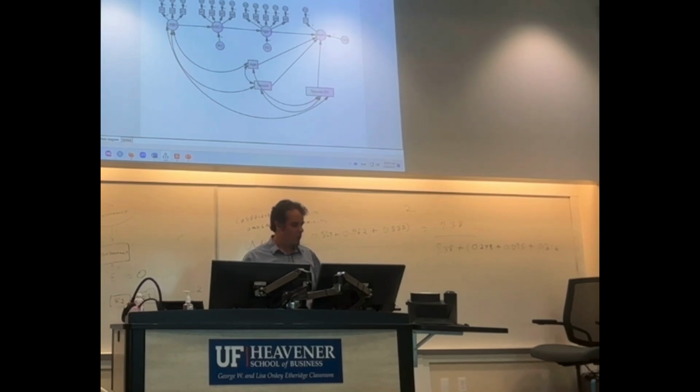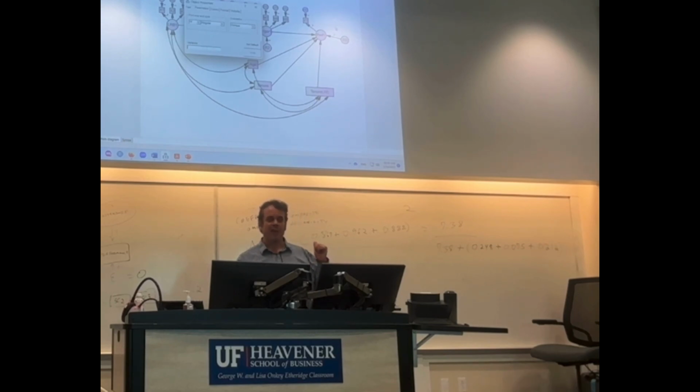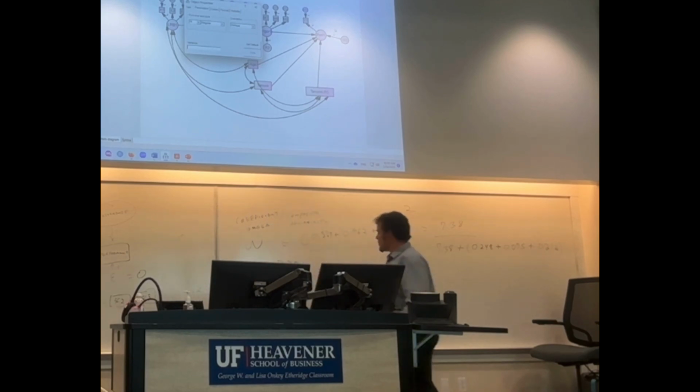Unless you go here, under parameters, and you set the error variance. If you know what Cronbach's alpha is, then it's better because you can do 1 minus Cronbach's alpha times the variance.